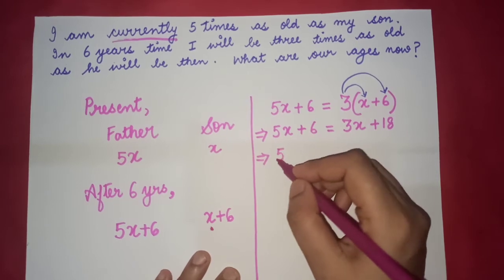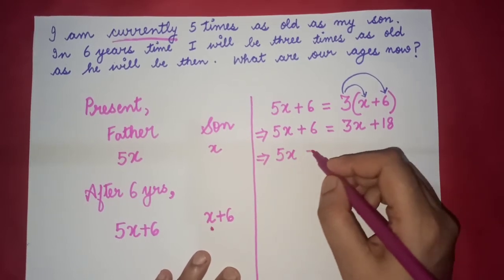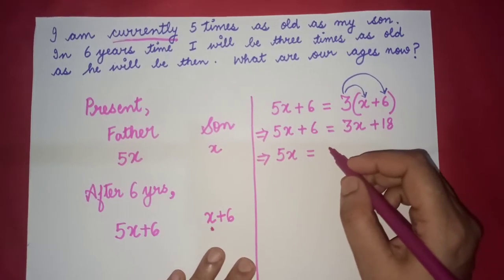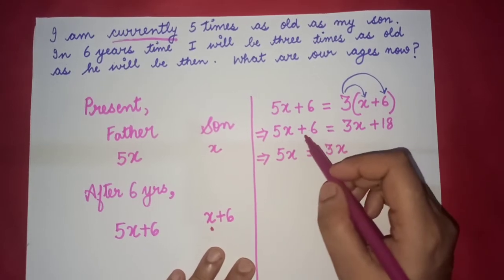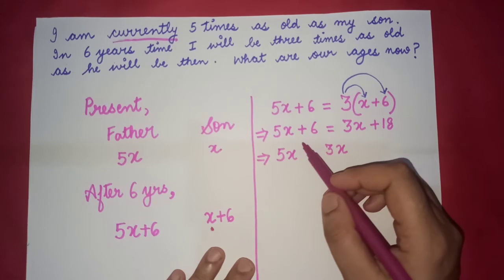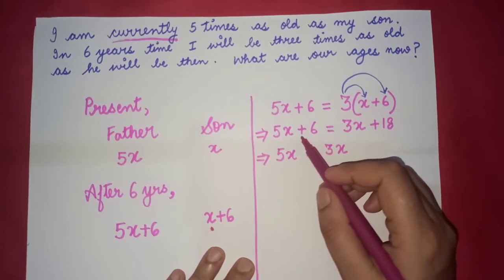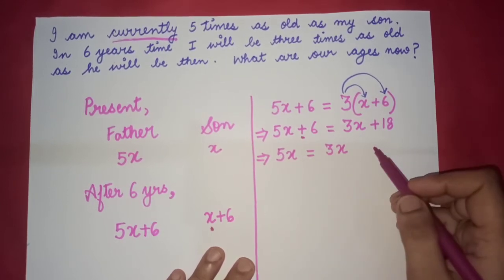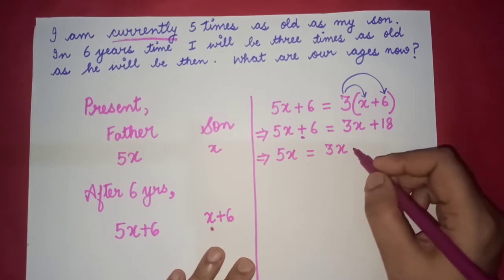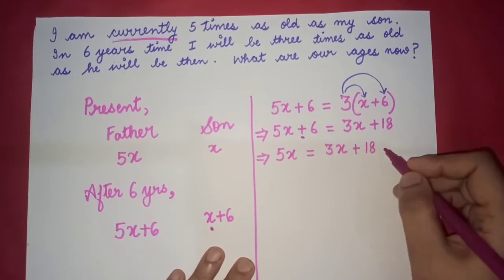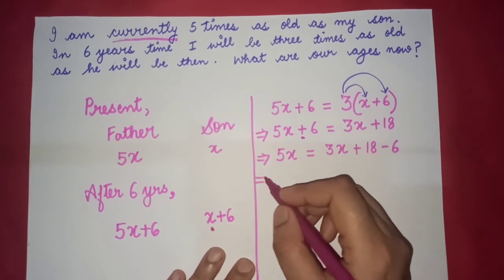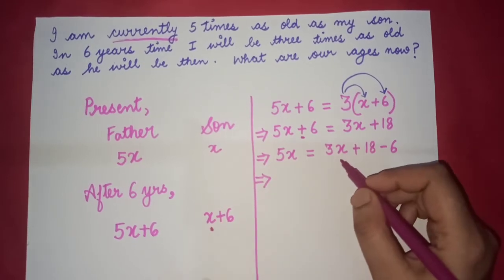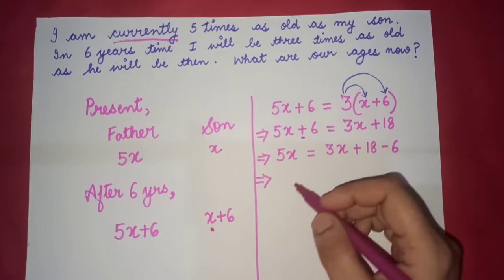Now let's collect all the constants on one side. I am taking the 18 to the other side, and because 6 is being added here, it's going to get subtracted when it goes to the other side. I am also going to shift this 3x to the other side.